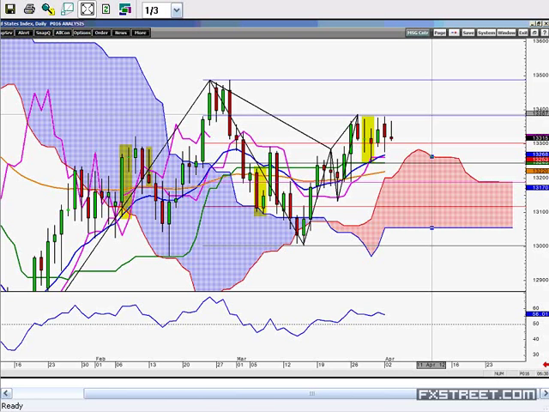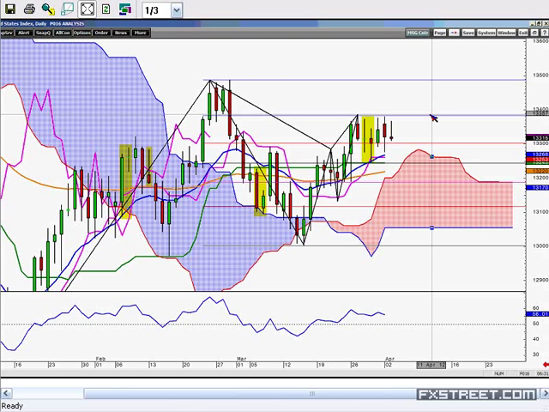You want 23.6%. The extension levels, instead of just 161.8 and 261.8, you want 127.2%, and you want 423.6%. Okay, and they 78.6, 23.6, and 127.2 make up most symmetrical patterns.